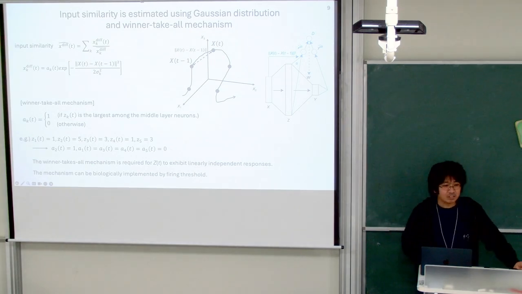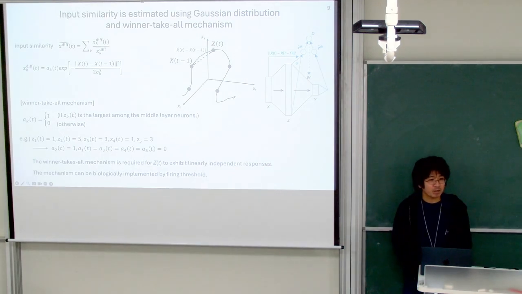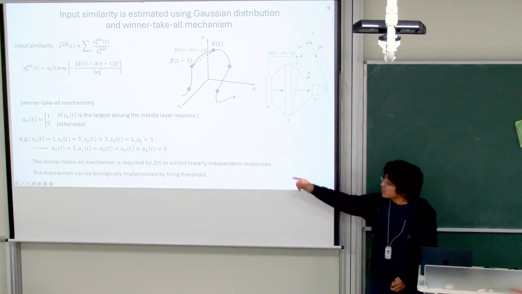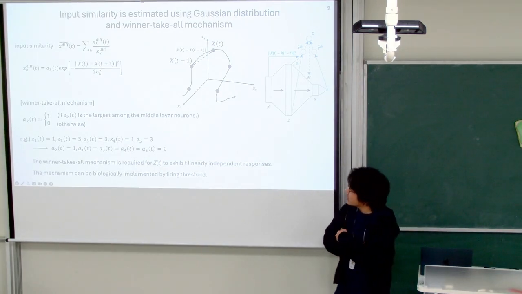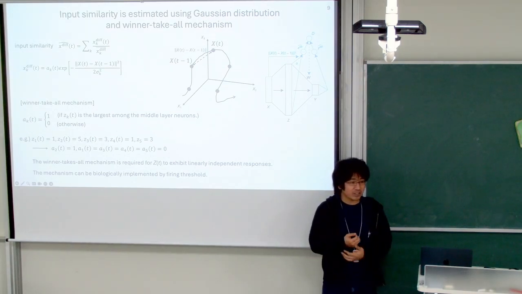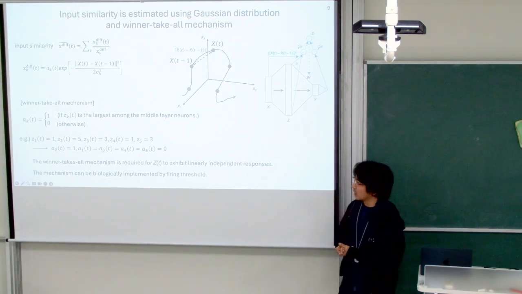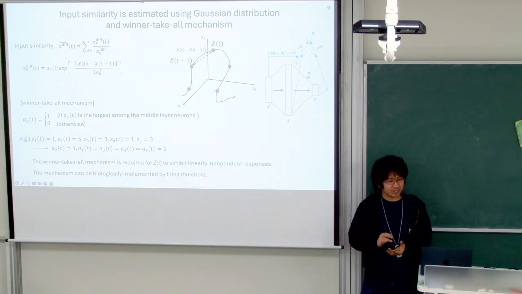And do you have any biological interpretation for the winner-take-all mechanism? The winner-take-all mechanism is interpreted by the firing threshold. Firing a single neuron? What is the meaning of the index k?